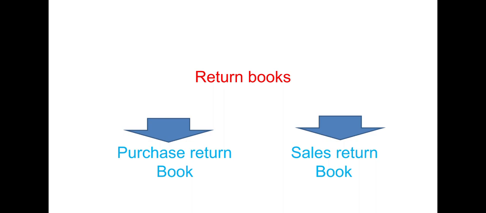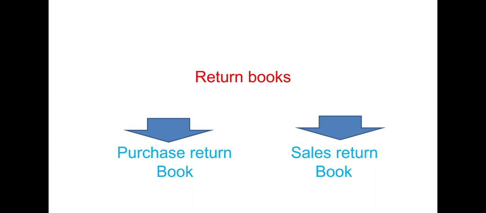Now as per its name, students, you already know what we are going to write in that. Transactions related to purchase written are recorded in purchase written book, and transactions of sales written should be recorded in sales written book. Purchase written is very familiar to you. When we buy goods and due to some reason we return goods to the supplier, that is known as purchase return.